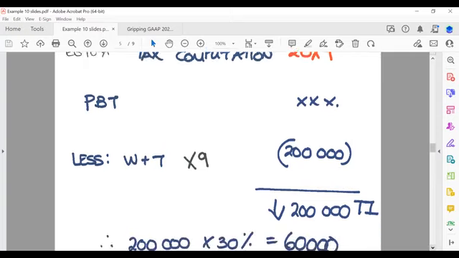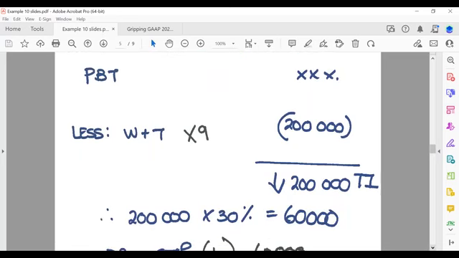Okay, great. If we multiply 200,000 by 30%, we get 60,000. Now, there's no depreciation on my slide. Why is there no depreciation on my slide? Let's think about it. In arriving at this profit, we have subtracted depreciation of 128,000.